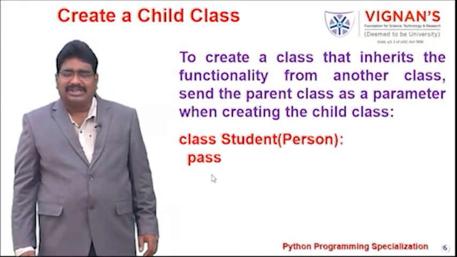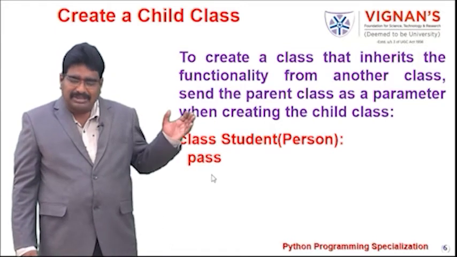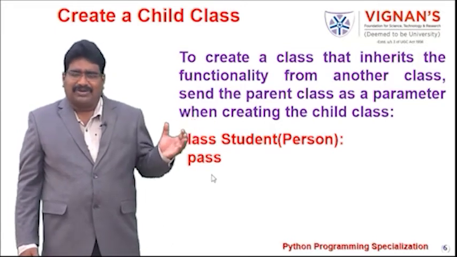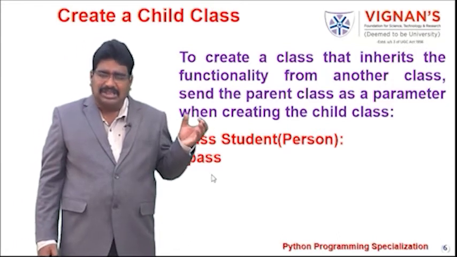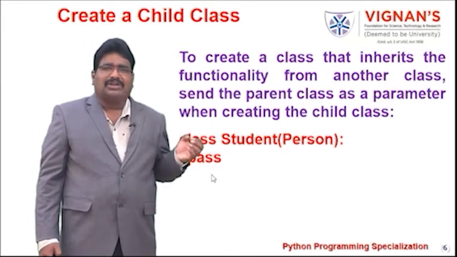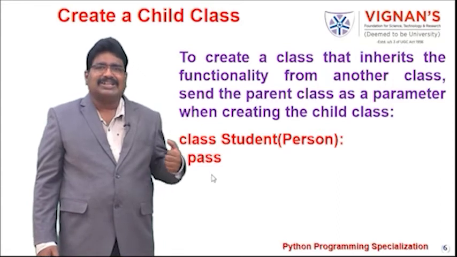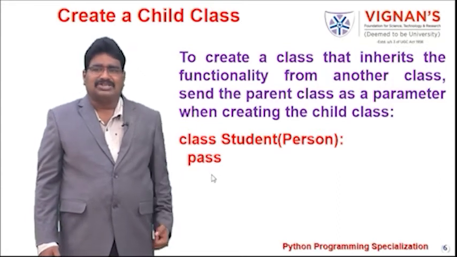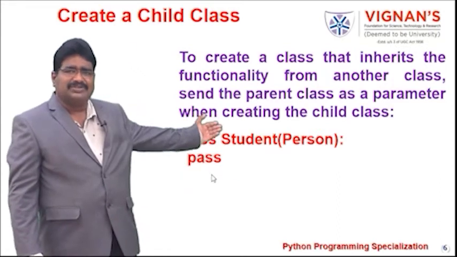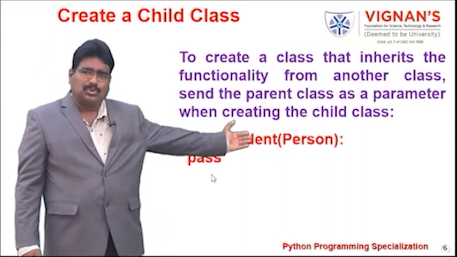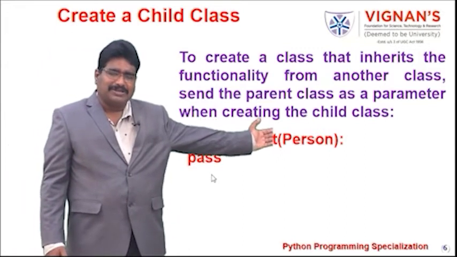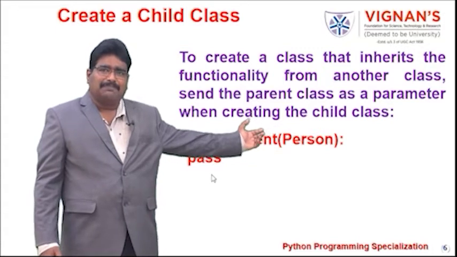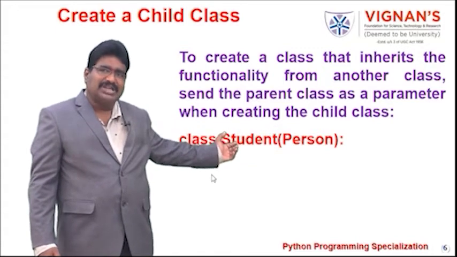Now we want to create a student as a child of person. We need to consider the attributes existing on the person, and we need not add any additional attributes at the time of the student class definition. For that reason, here we use the syntax class student, passing person as a parameter, and then we use pass.